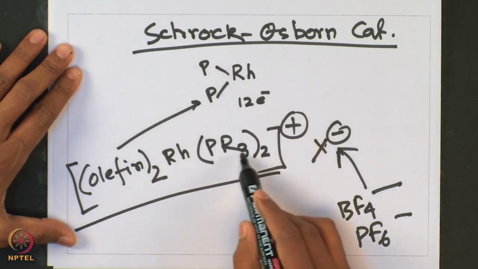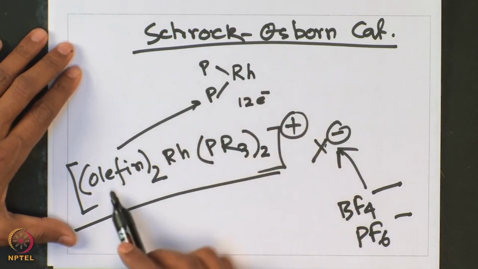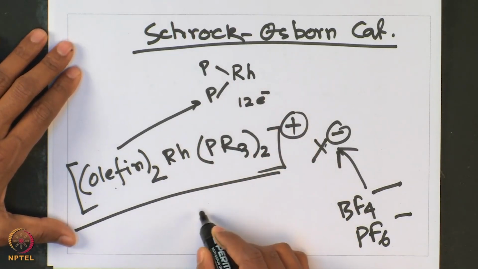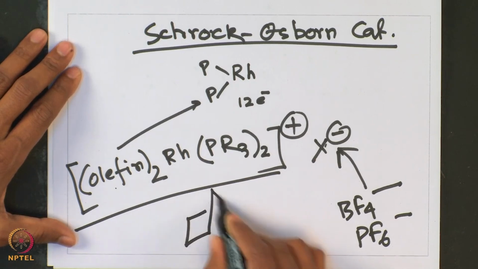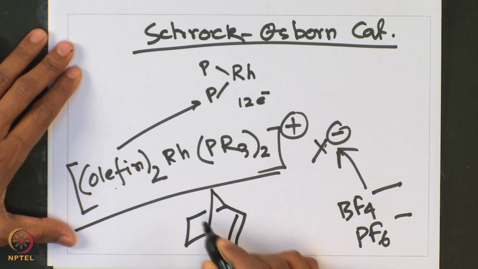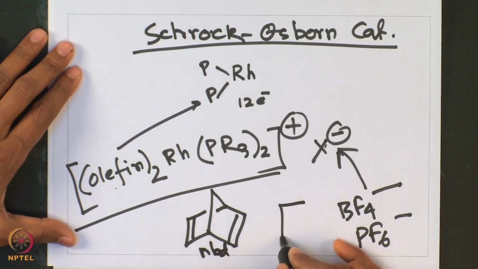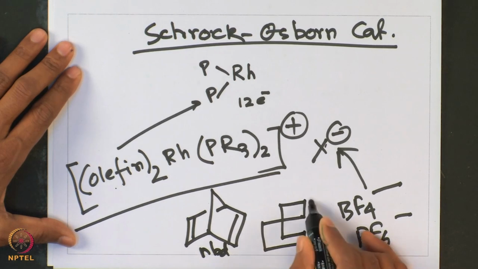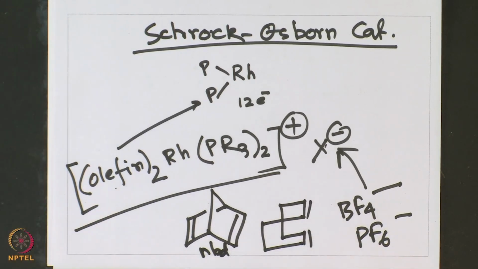The phosphine ligands, these ligands can vary. The olefin we usually see is a bis-coordinated one, for example cyclooctadiene or norbornadiene. This is NBD, norbornadiene. Cyclooctadiene can also be used for these reactions. The species that we look at here is a 16 electron complex.